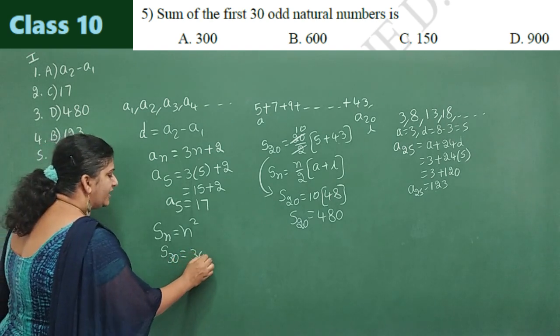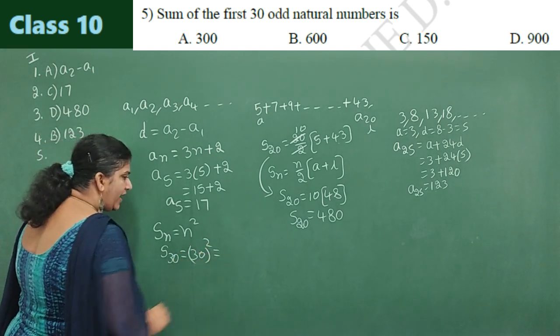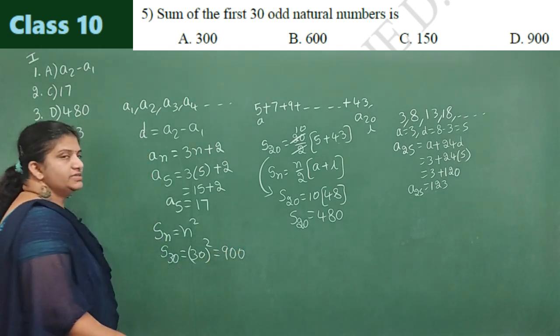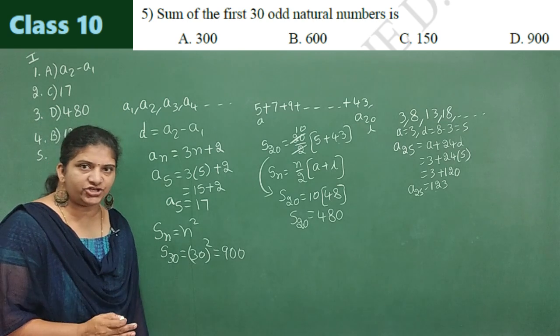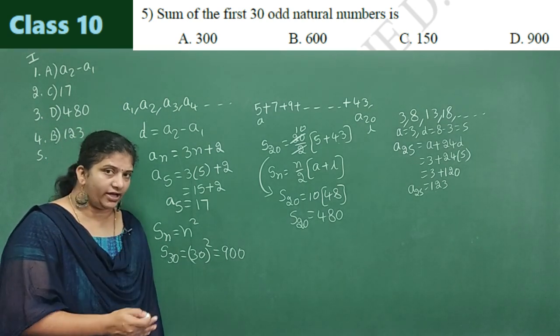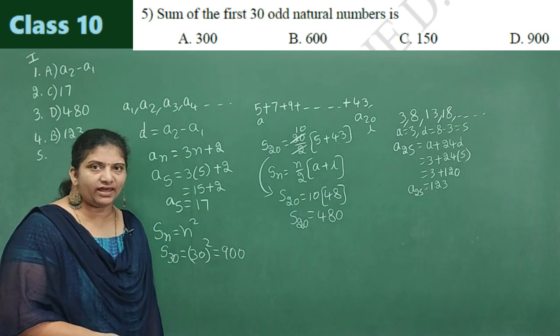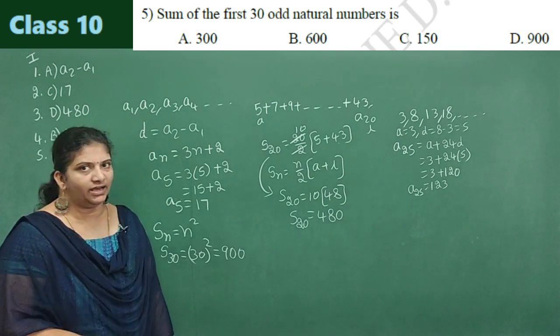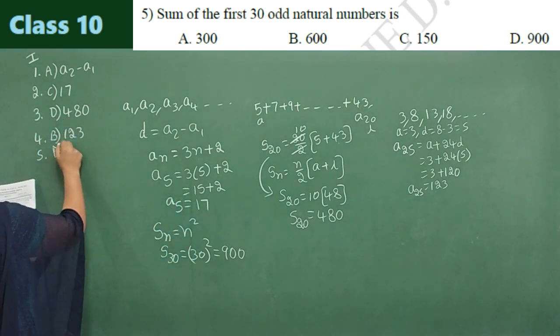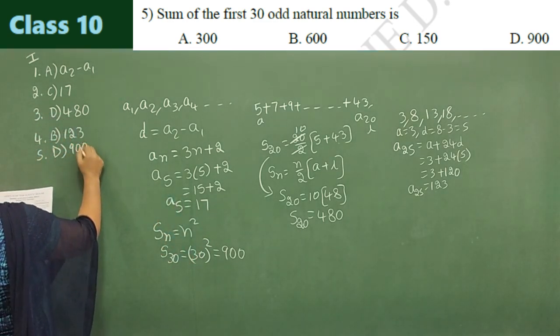Substitute in n place, 30 whole square, 900. Check for the option. Option D, 900.